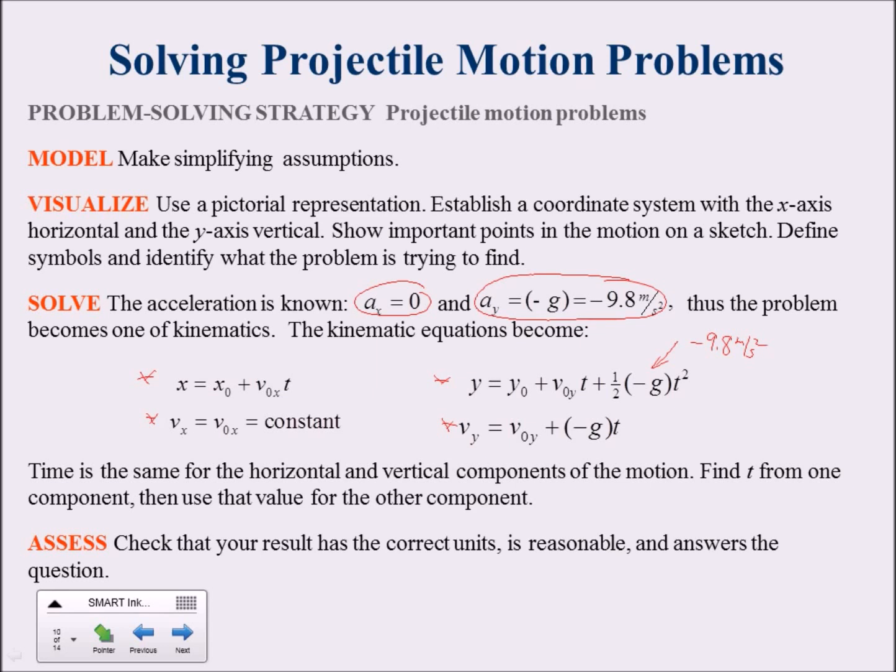Or maybe you want to know when it reaches the ground, how far it traveled. So you look at the vertical motion to figure out at what time the height is 0 again, and then how far it travels horizontally. Or maybe you throw something towards a wall, so you know what the x value is later, so you figure out at what time it is at a horizontal position of 20 meters, and then you can calculate what the height is at that time.